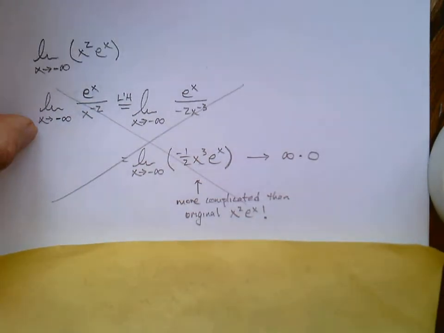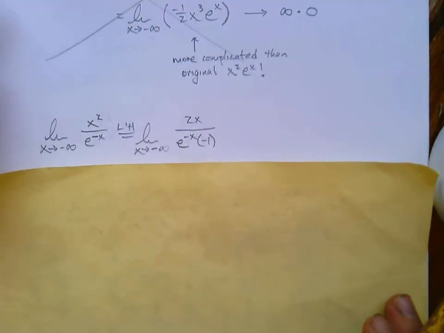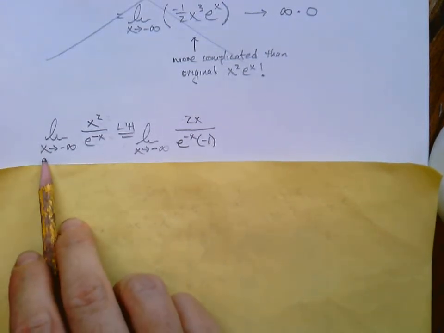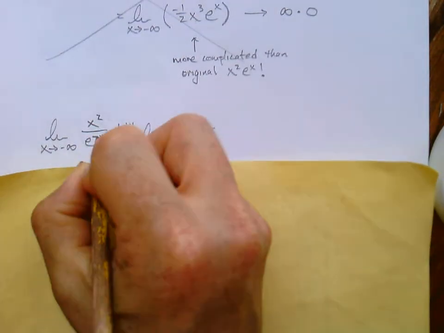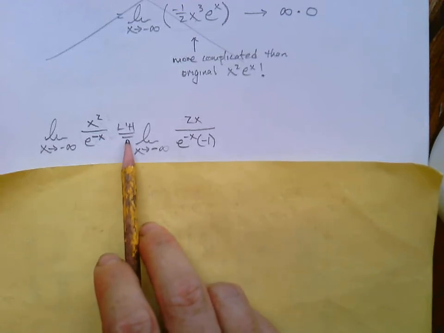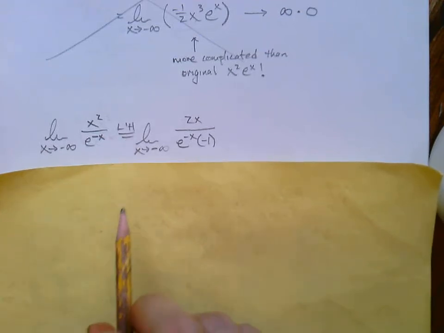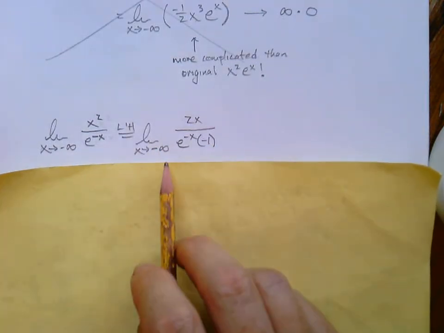Okay, instead, let's do it the other way. x approaches negative infinity. Let's do it as x squared over e to the negative x. Okay, doing the L'Hopital this time. Equal sign with my L'Hopital, L apostrophe H. Limit as x approaches negative infinity.